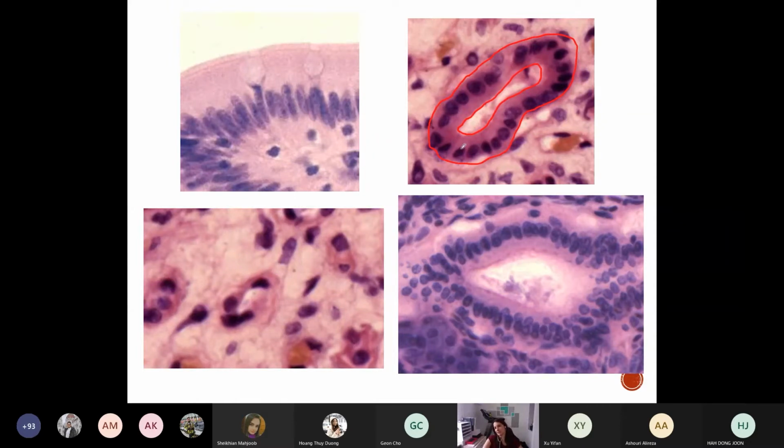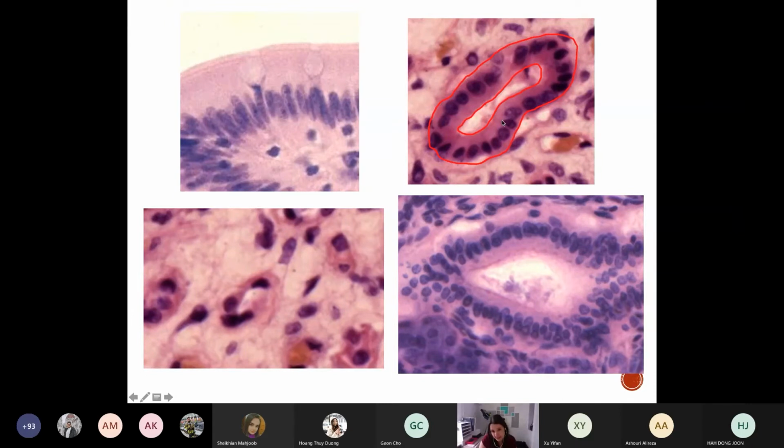Now, we can see mostly the nuclei of the cells. The nuclei are these basophilic, dark blue structures in the middle, and the cytoplasm is eosinophilic, it's pinkish. The direct borders between the cells are not visible. We can just assume where the borders between the cells are.